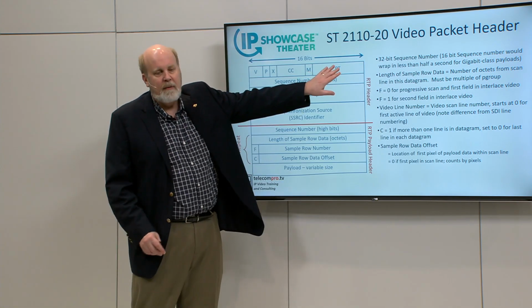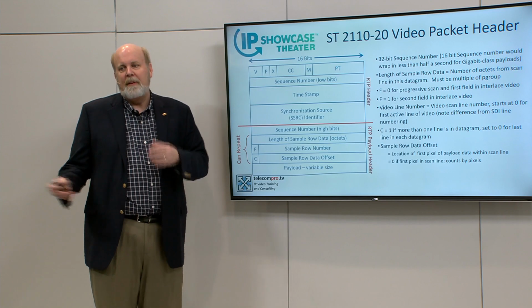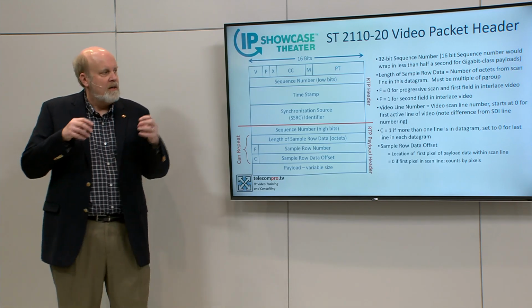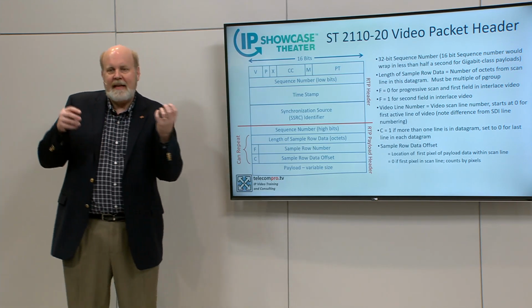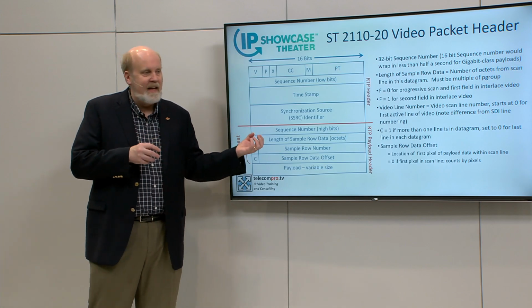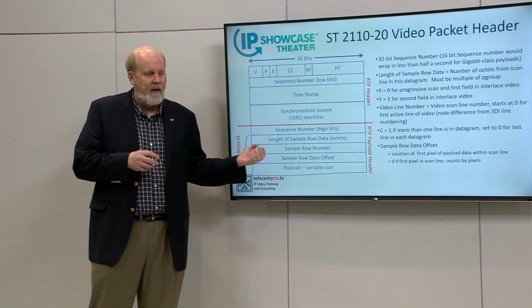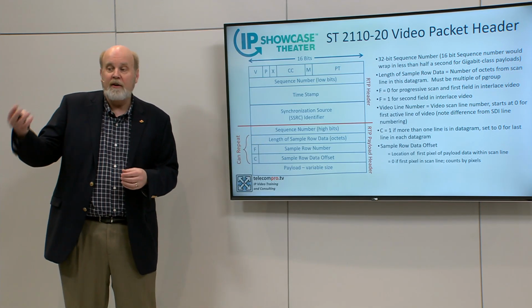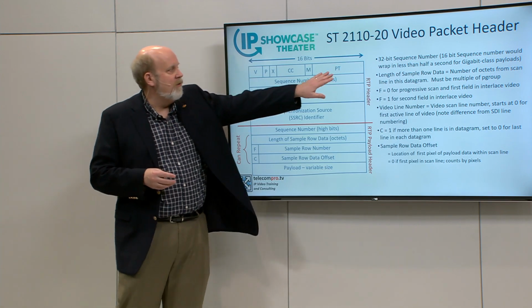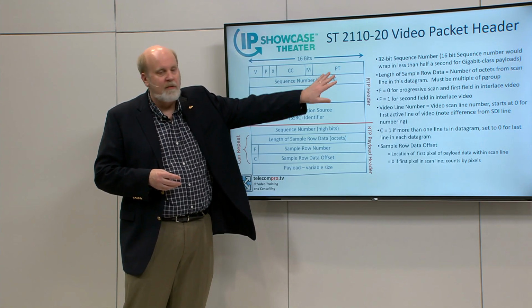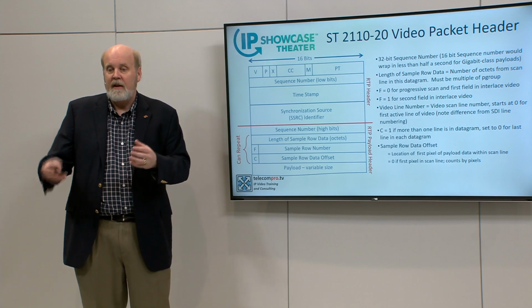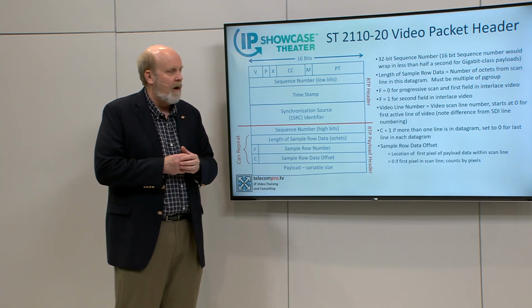The next item here that we have is a payload type. The payload type is used to indicate the exact format of the data that's going to be in this RTP datagram. So for uncompressed video, we use our own self-defined payload types, and that's part of the information that goes in that session description protocol.